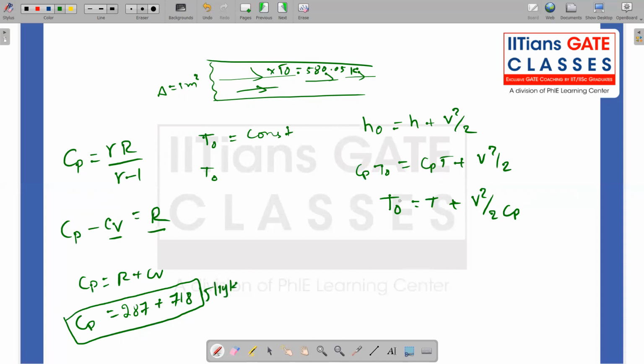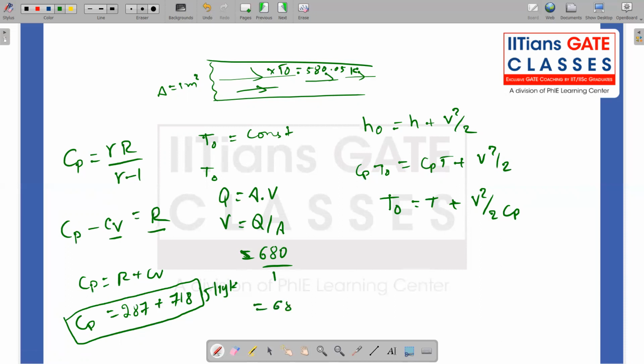Right? So now what is V? V can be calculated from the volume flow rate information, that is A times V, or V is nothing but Q divided by A. Q is given to be 680 and A is given to be 1 meter square.